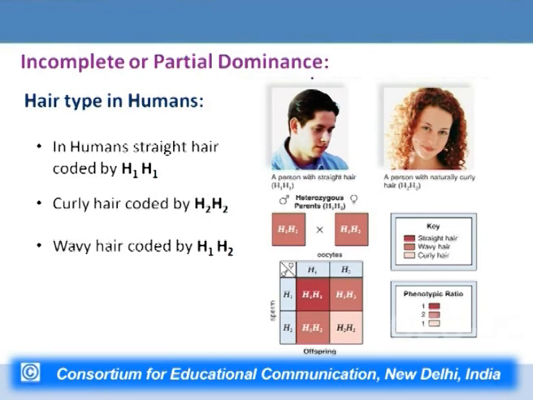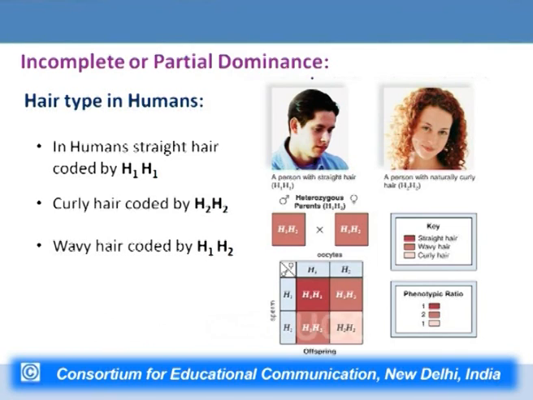So, when a particular parent who is H1 H1 mates with a parent who is H2 H2, the individuals which are born in F1 generation are H1 H2. These individuals, when they breed among themselves or crossbreed, lead to formation of individuals which will be having either straight hair or wavy hair or curly hair.